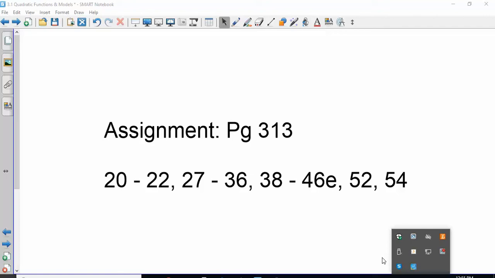Also, tomorrow I would like to do a quiz. I think I may have mentioned this yesterday, over section 2.8 and 3.1. So 2.8, that was looking at our functions, compositions, domains, all of that. And then 3.1 is this quadratic stuff. So tomorrow we will grade homework, and then I do a brief review.